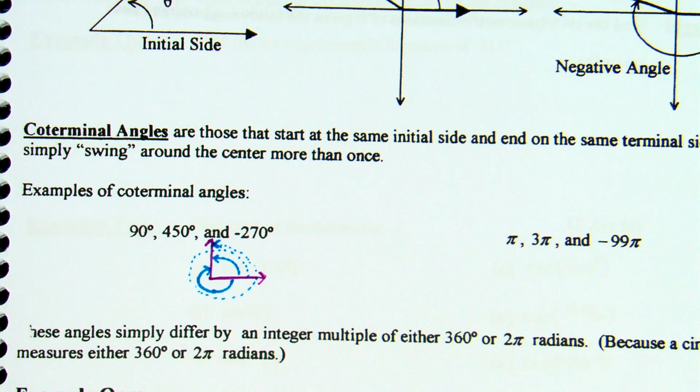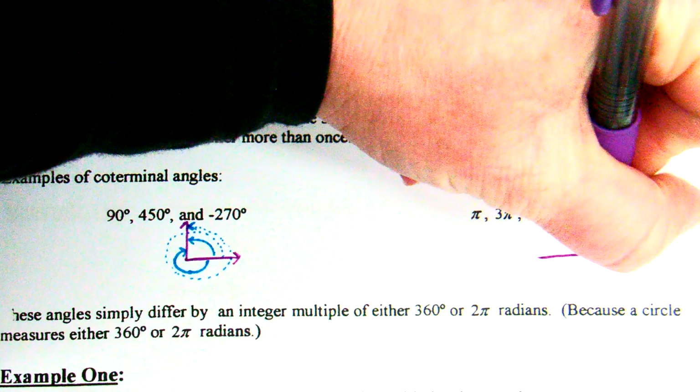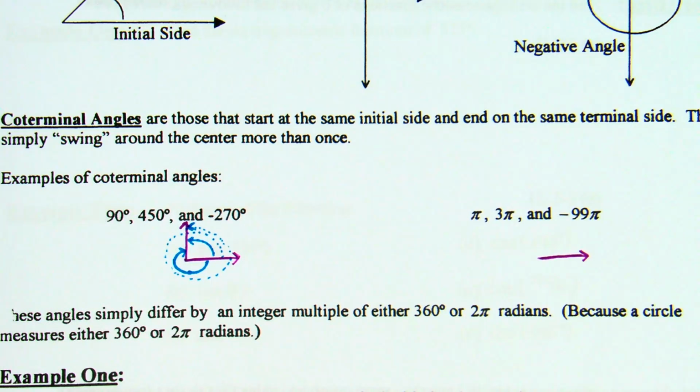Now let's talk radians. Now I'm going to argue that pi, 3 pi, and negative 99 pi are all the same angle. So let's start with the basics. Let me draw 1 pi. What does 1 pi look like? 180? There are ways to know that.